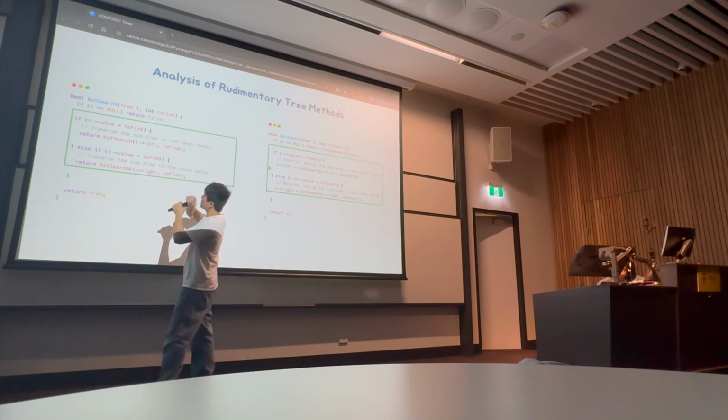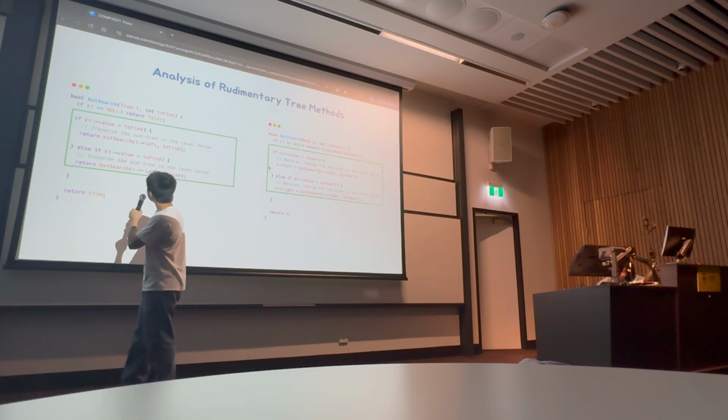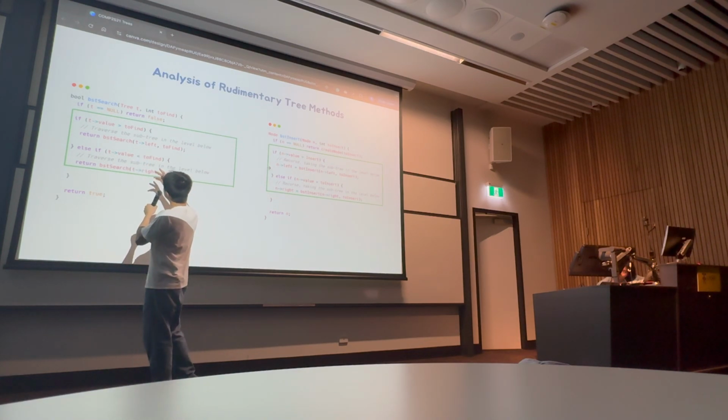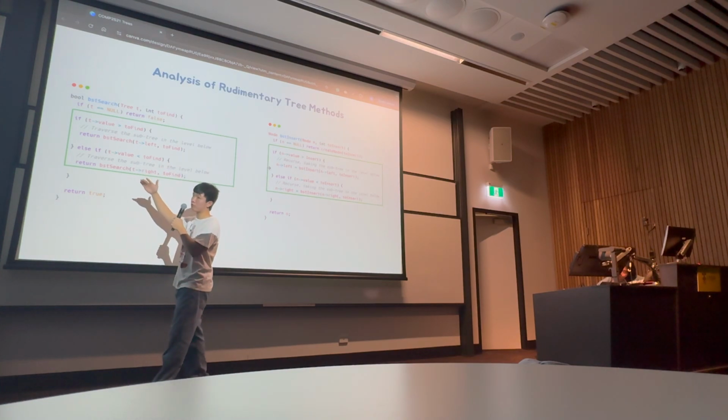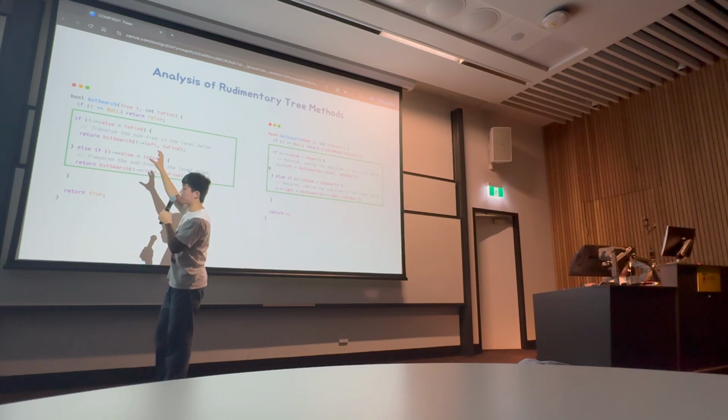It's pretty simple because, just like binary search upon a sorted array, if we were trying to search for a value, we basically just iterate through each level of the binary search tree.